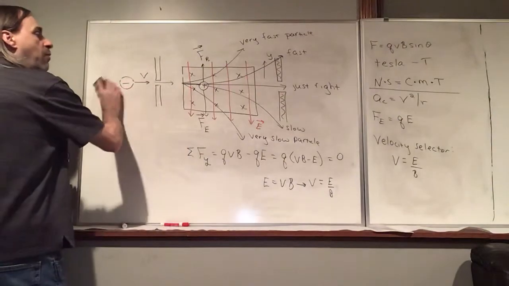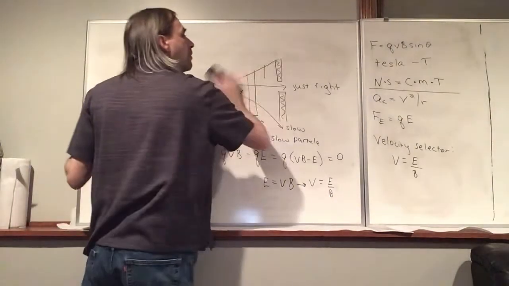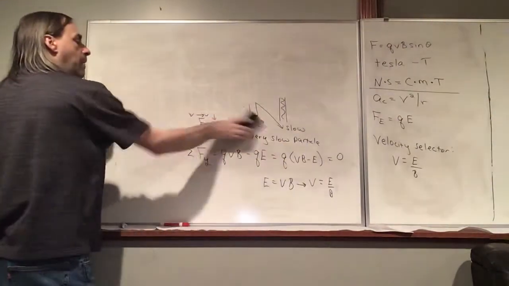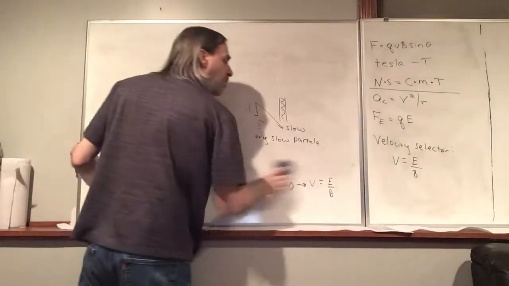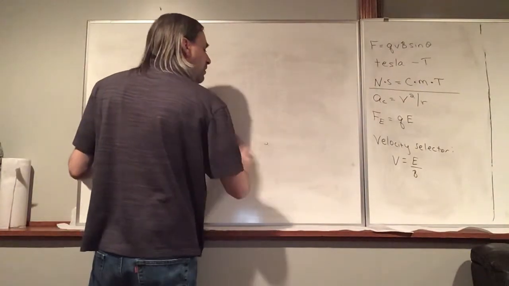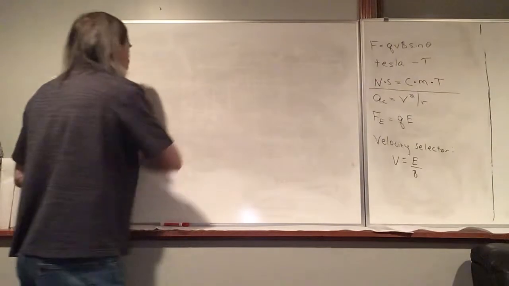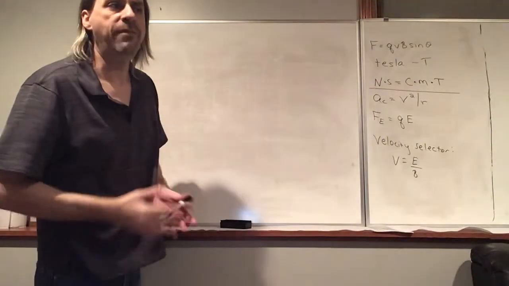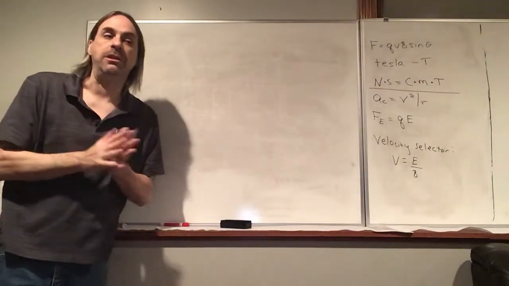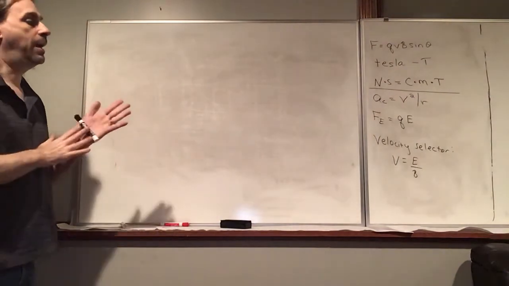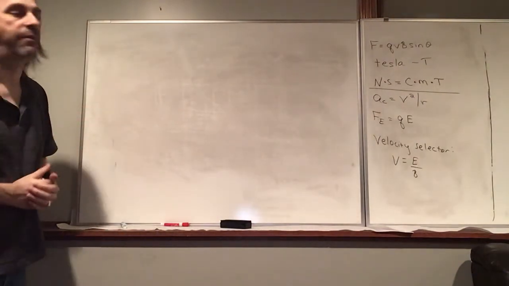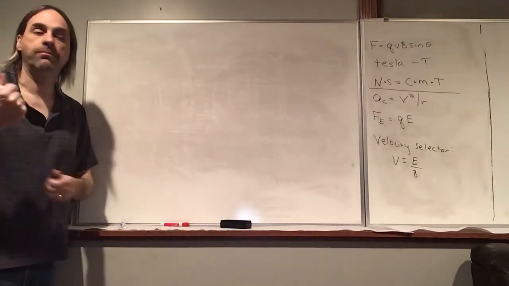So let's build a velocity selector. Should point out that usually when we talk about these charged particles, like a beam of charged particles, they're moving very fast where air resistance could be significant. And so let's say we do this in a vacuum chamber just to make life easier.